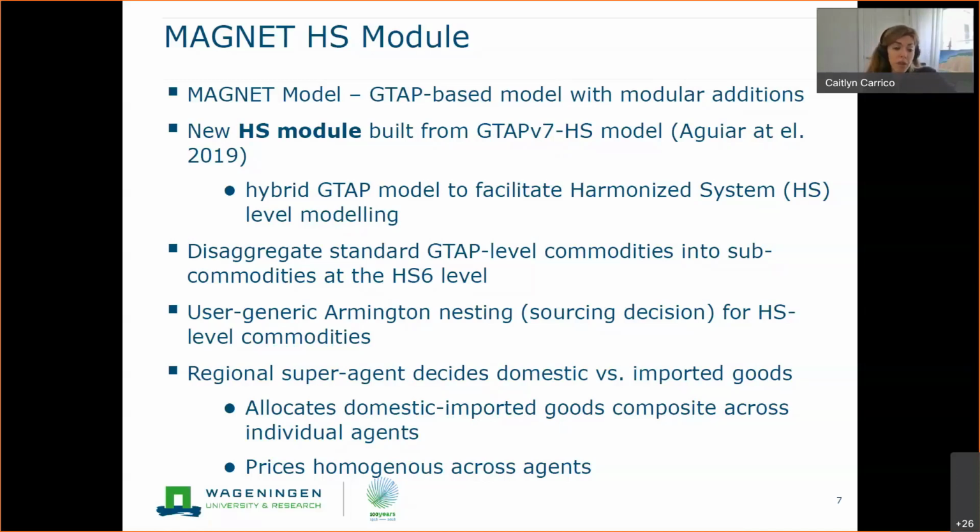And in addition, we also have a regional super agent that is making the decision for domestic and imported goods, and then this is allocated across the individual agents. So this now means that there's a homogeneous price of domestic or imported goods for a certain commodity across agents, so across the household, producers, and investment.